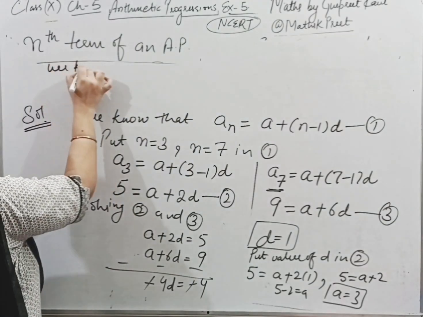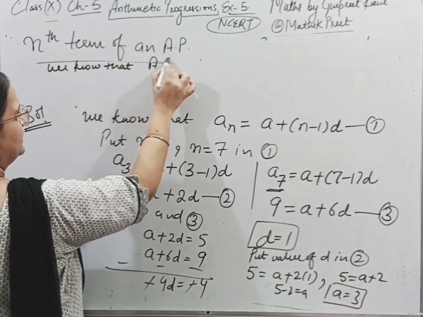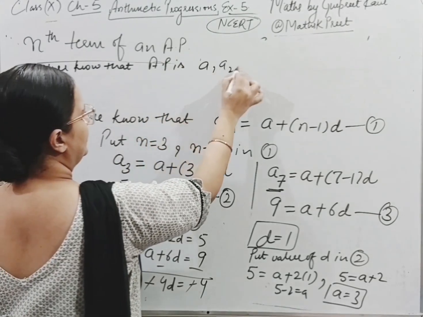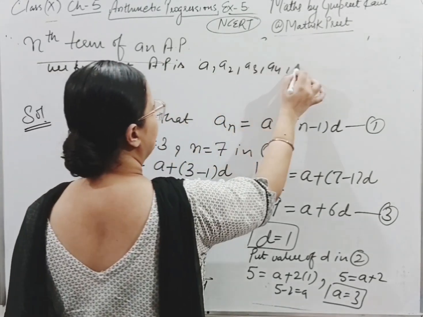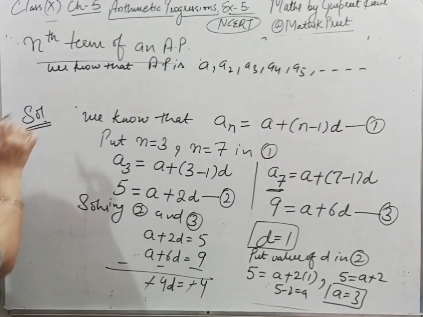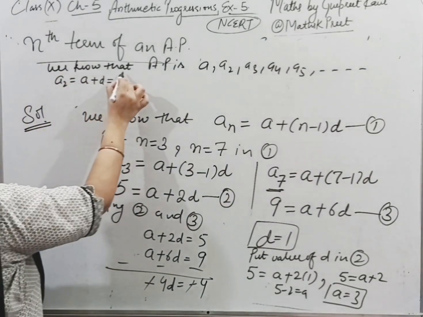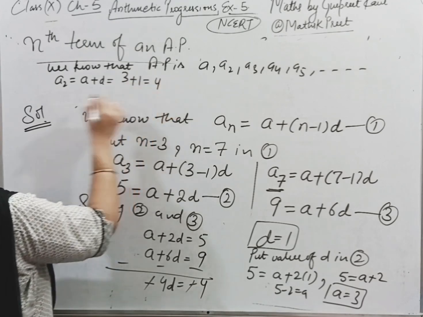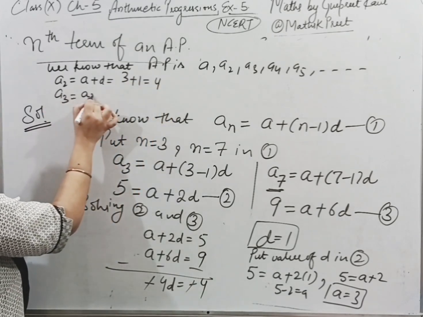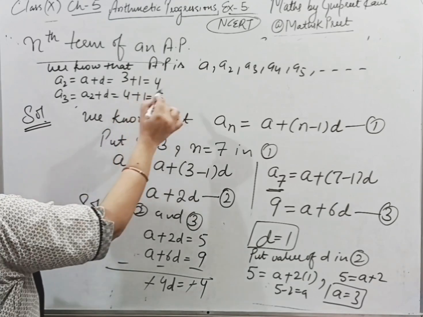We know that an AP is given by A, A2, A3, A4, A5 and so on. We know that for A we have 3. So A2 will be equal to A plus D, that is 3 plus 1. So A2 is 4. A3 will be A2 plus D, 4 plus 1, so this is 5.